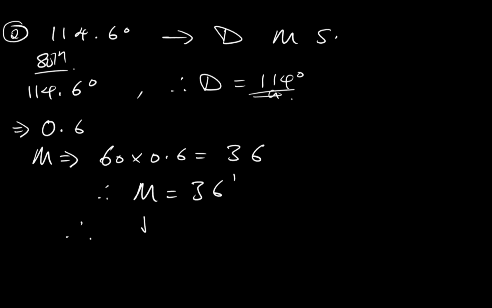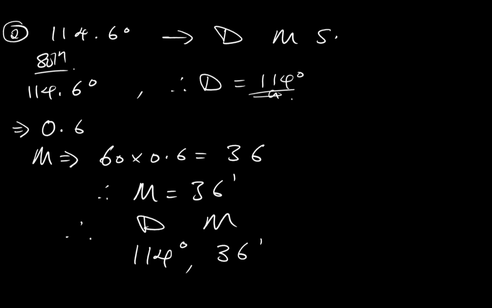Therefore, our DMS, which won't even have the seconds in our case, will just be the degree, which is 114 degrees, comma, the minute, which is 36 minutes. But for those who feel like, why not put the seconds?